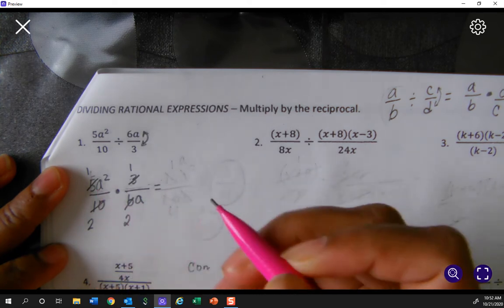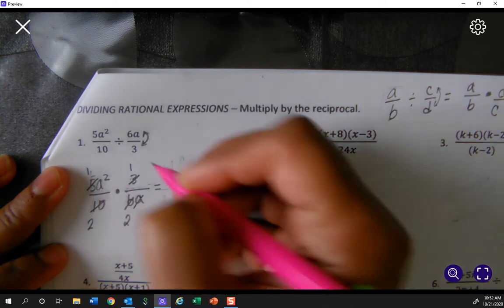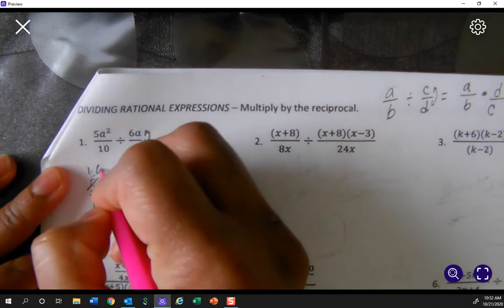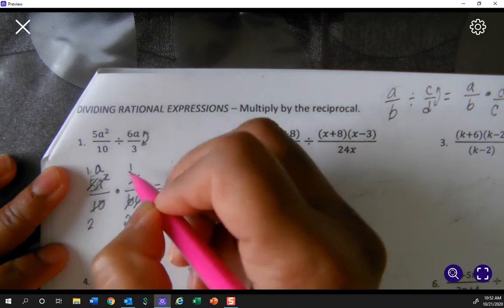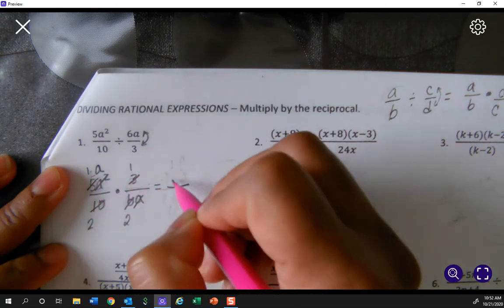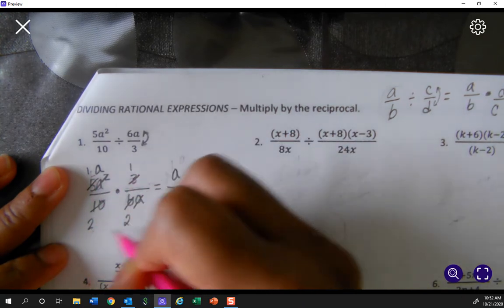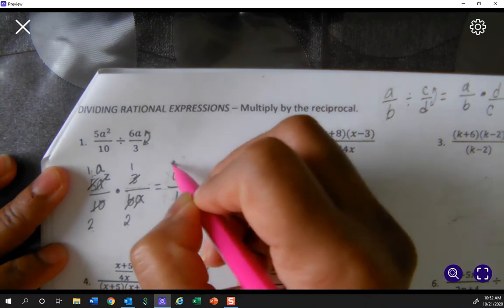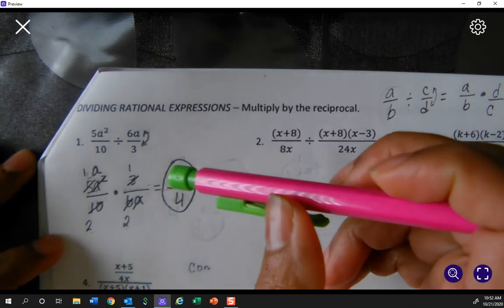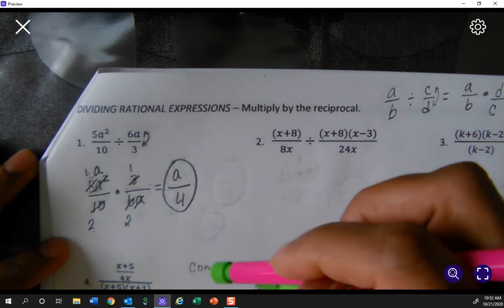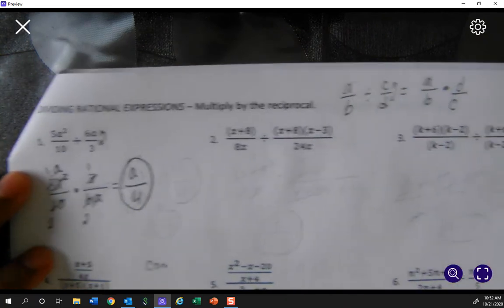I can also reduce the a's. If there's an a in the denominator and an a in the numerator, you just have one a left. Now you can multiply straight across. So you have a in the numerator, and 2 times 2 is 4 in the denominator. Okay? Or if you want, we could multiply straight across first and then simplify later.